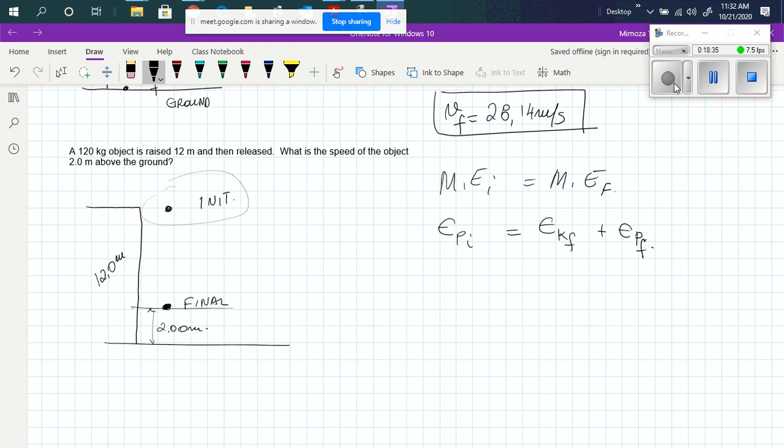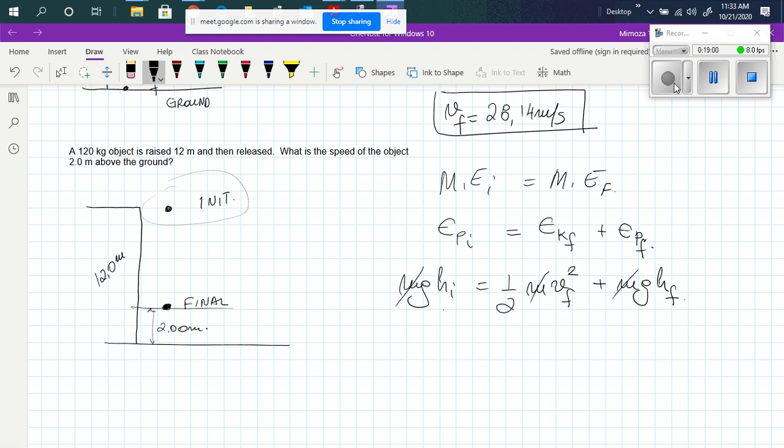And now we write the formulas. So mgh initial is equal to 1/2 mv final squared plus mgh final. So mgh initial, h is 12. And again, mass here can be canceled out because it is the same on all the terms.